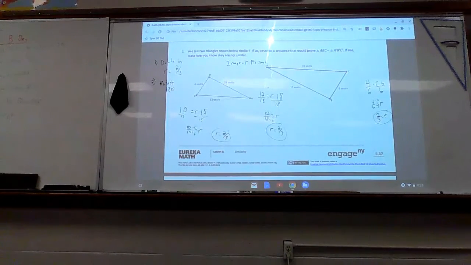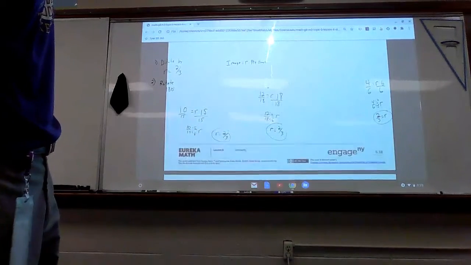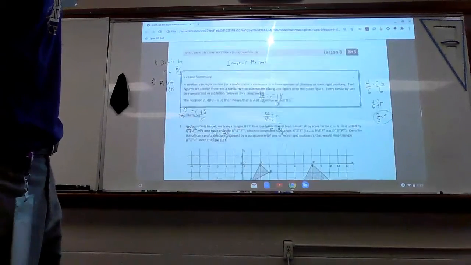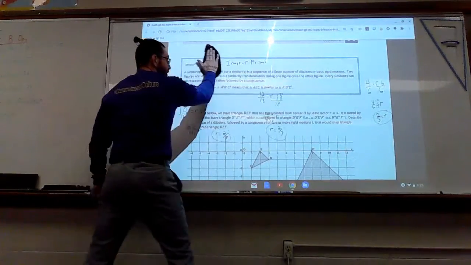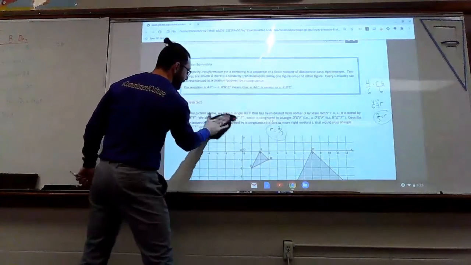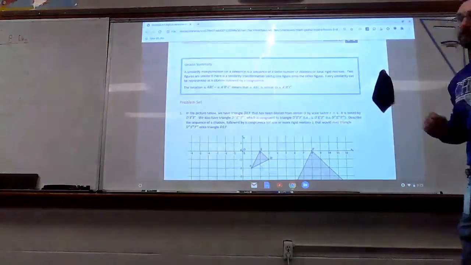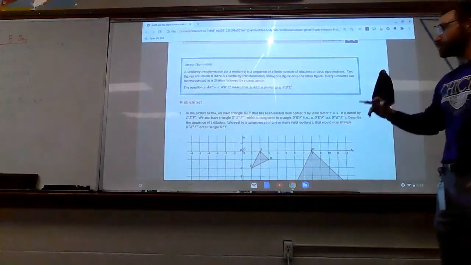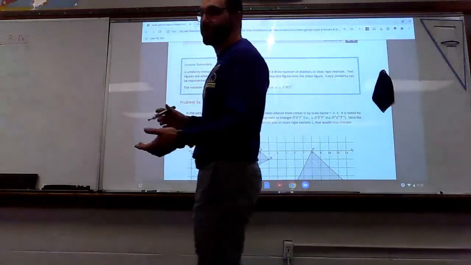Phew. So we're there. This takes us to our lesson summary, which I'm going to read to you because I'm not worried about that example. So a similarity transformation, remember transformation means that we're moving it, is a sequence of finite dilations. Finite just means there's a set number, and basic rigid transformations or motions. So two figures are similar if there's a similarity transformation.